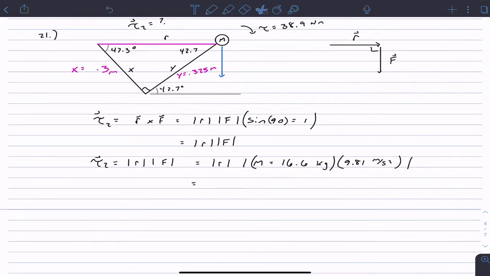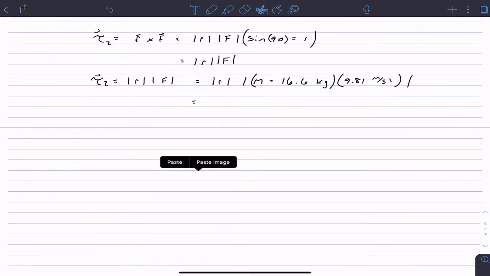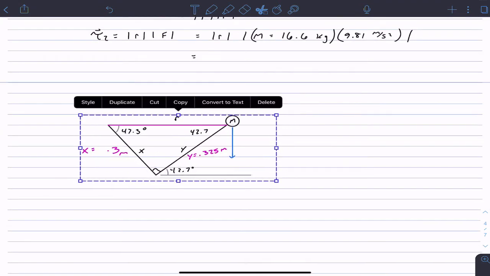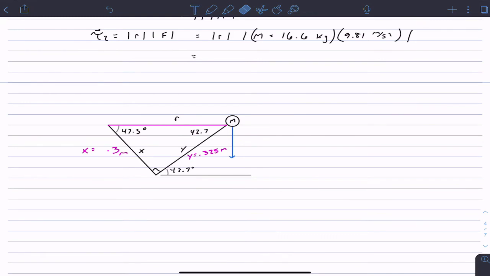So let's take our diagram here. I'm just going to copy it, and then we'll simplify things a little bit so that we can get a better view of what's going on. We want to figure out what is R. Actually, we know.